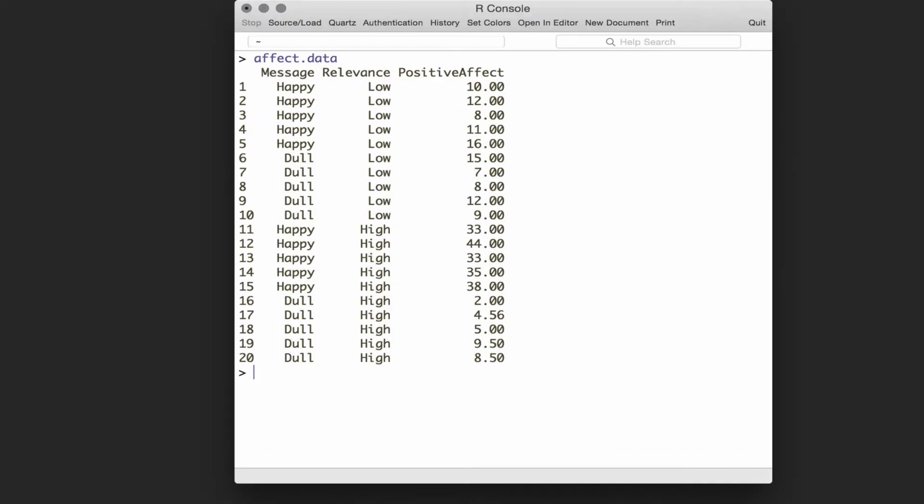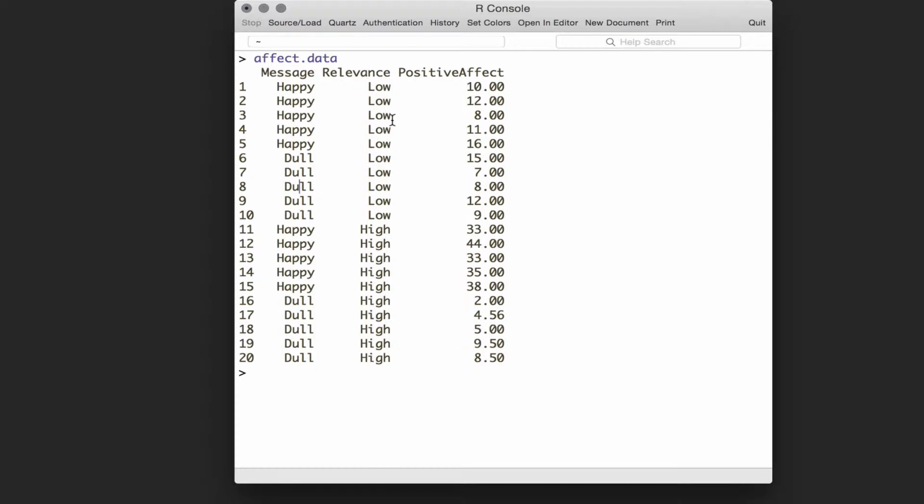I've got R open here, and this is a similar example to what we did for the one-way ANOVA video. So the idea of this study is that we've given people either a happy or dull message, and we've measured their positive affect, how good they're feeling. So we're expecting obviously the happier message to make people happier and the dull message to make people less happy. But we're also saying, okay, there might be a main effect of that, but another thing we should take account for is the relevance of the message.